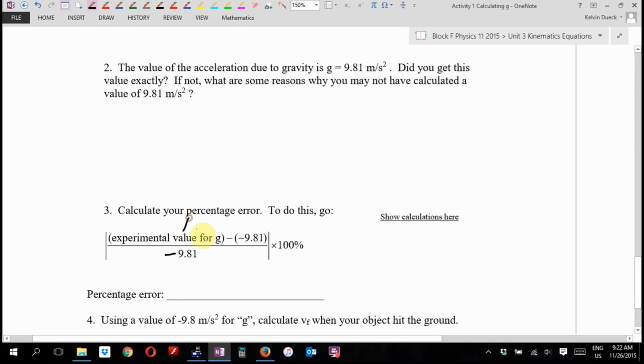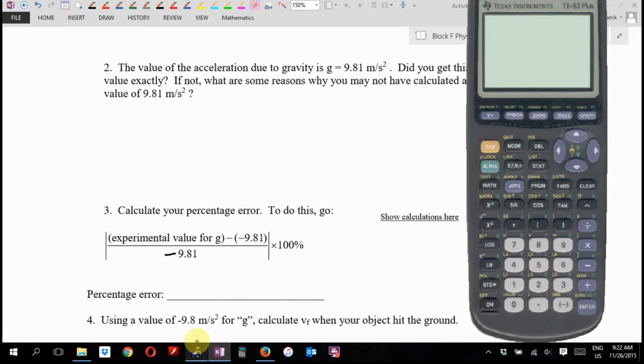Is there more than one thing on the top? Yes. So what will you remember on the top? Brackets. And then you're going to take that answer. Have you guys in Math 11 learned what these vertical lines mean? Absolute value yet? Okay. These vertical lines mean if you get a negative answer, ignore the negative, make it positive. If it is positive, leave it positive. Times 100%, and that's going to give you your percentage error.